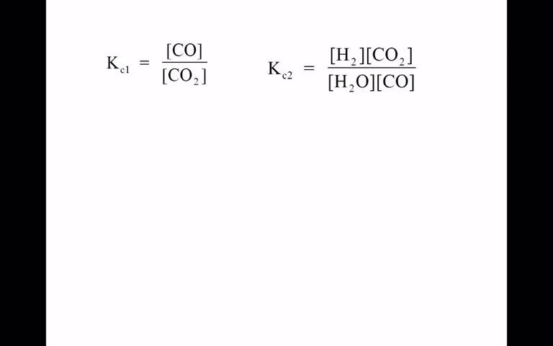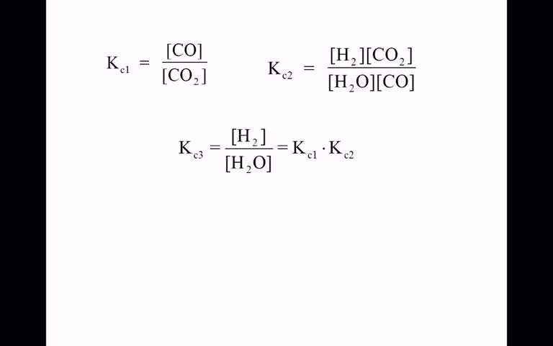Do you see where if we were going to multiply these by each other, notice that what would cancel would be the COs and the CO2s, and we'd end up with, voila, the equilibrium constant expression for the reaction of interest.